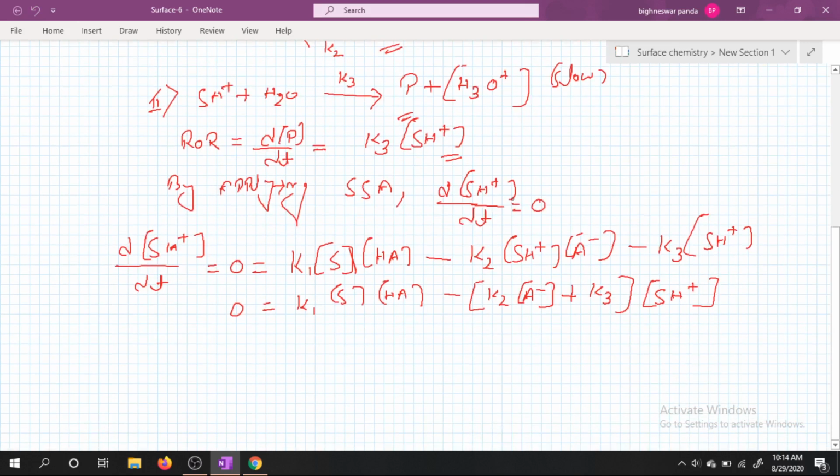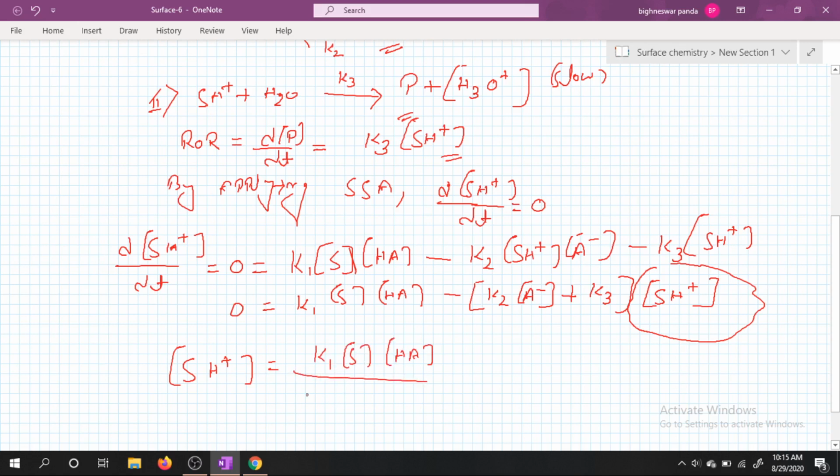So from this I can easily calculate the value of SH plus. SH plus is equal to K1 S HA divided by (K2 A minus plus K3).